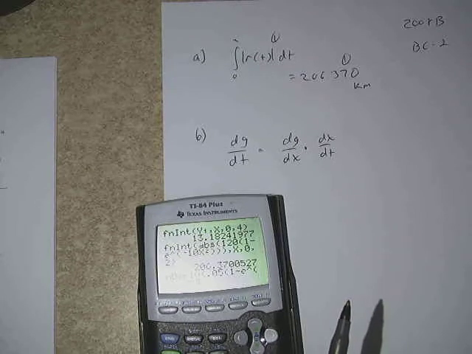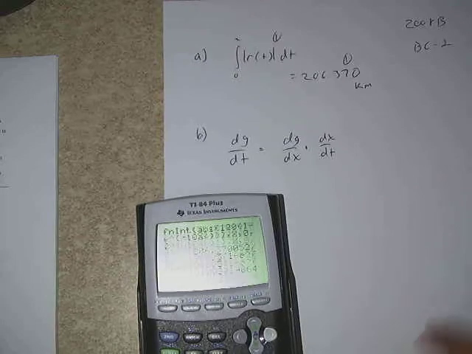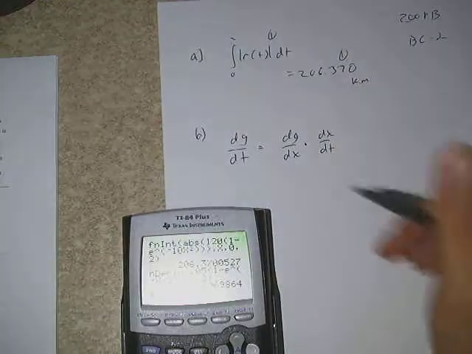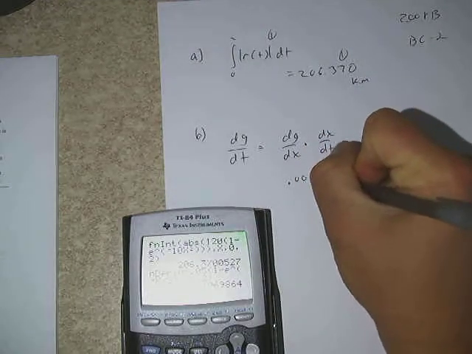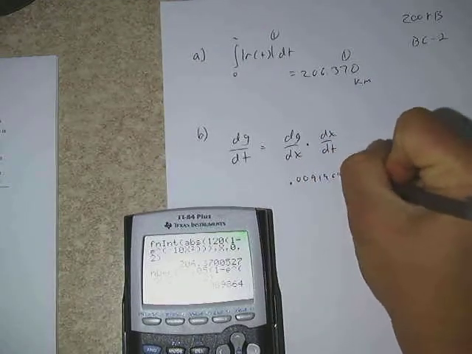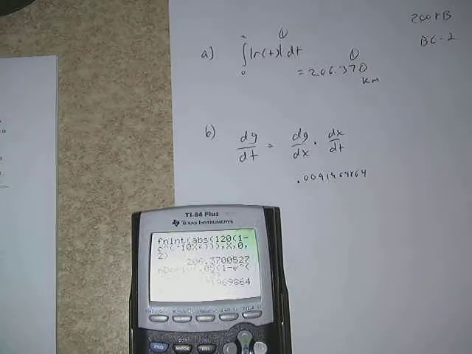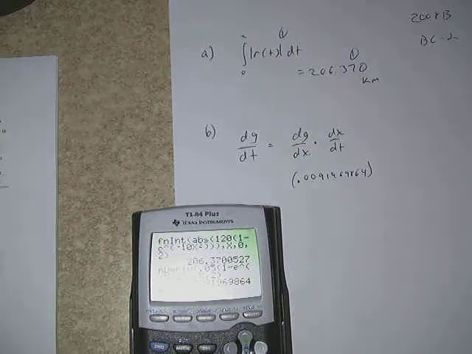So if we find dg dx at 2, we can just get the numerical answer for that using our calculator here. So the 0.05, and then it's 1 minus e to the negative x over 2. And we're doing it at time 2, right?